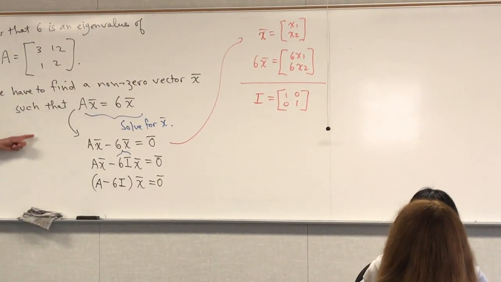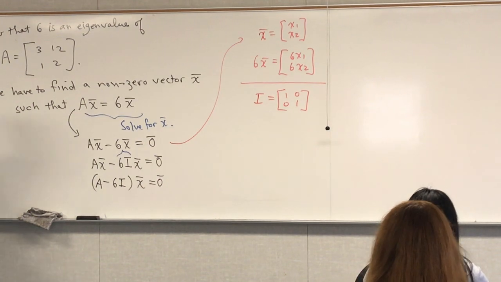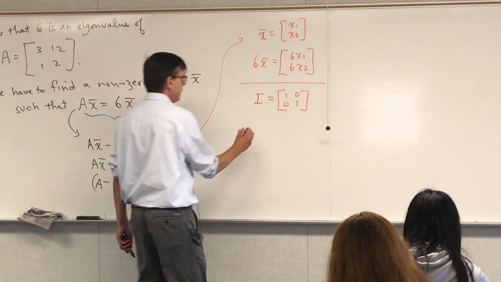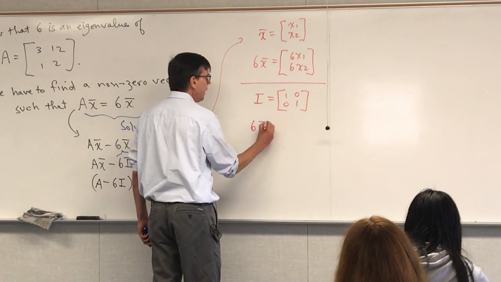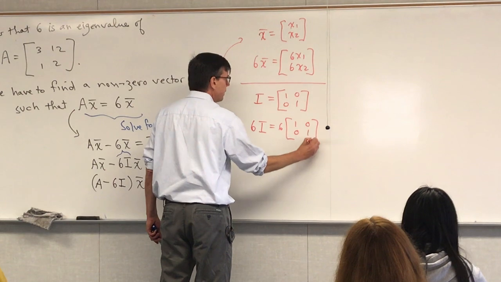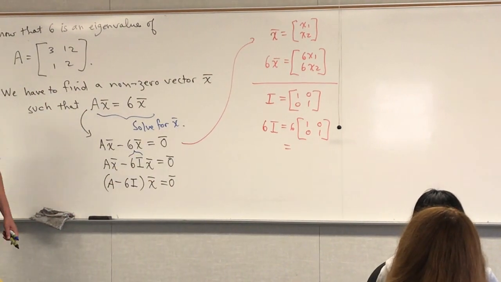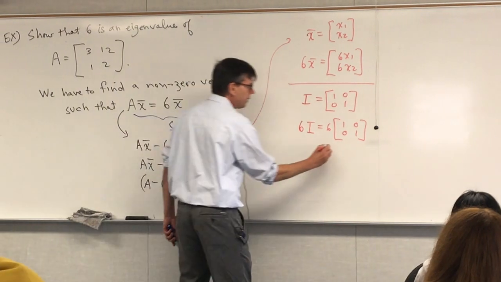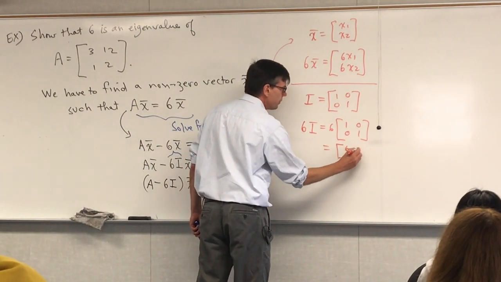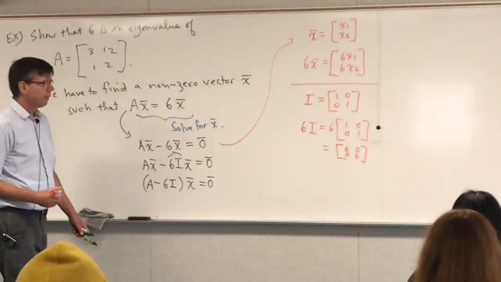The same would be true for any dimension. We would just have I3 or I4 or I whatever. 6I, when you take a matrix times a scalar, we multiply each entry by that scalar. The zeros won't change, but the ones will. So it ends up looking like that.